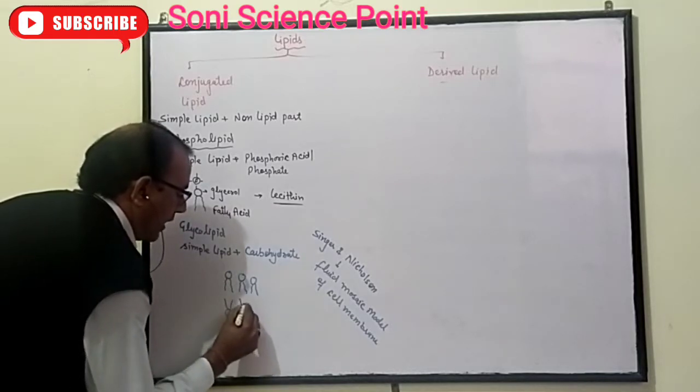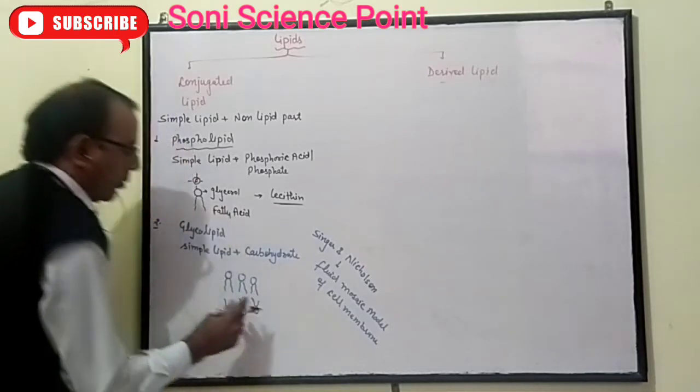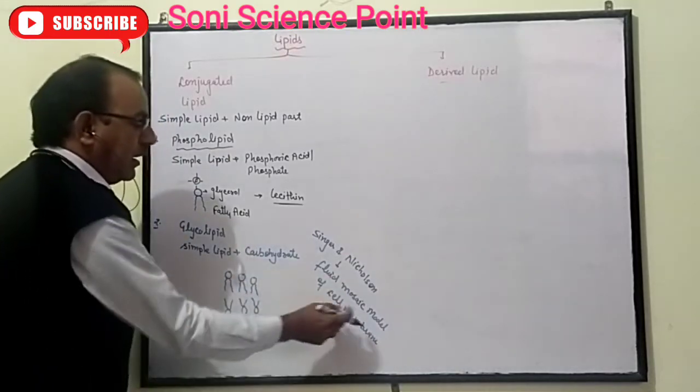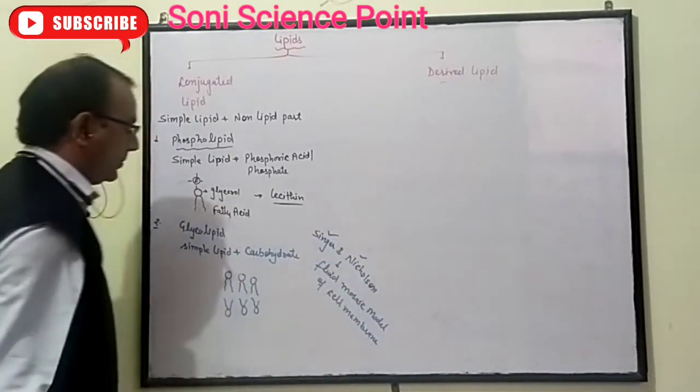This is the bilipid layer of the cell membrane. The fluid mosaic model was proposed by Singer and Nicholson.